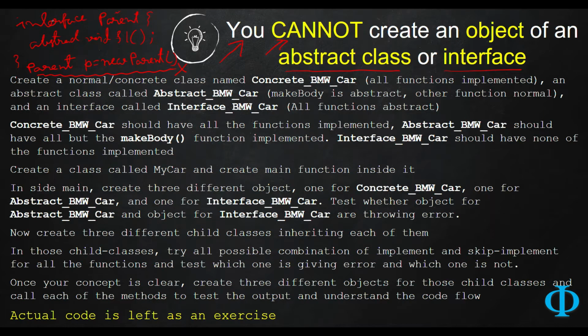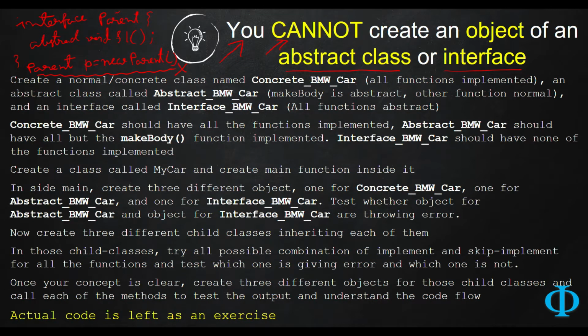As a rule of thumb for easy understanding, whenever something, either an abstract class or an interface, has an abstract function in it, you cannot instantiate it. You cannot create an object if there is an abstract function inside that class or interface.